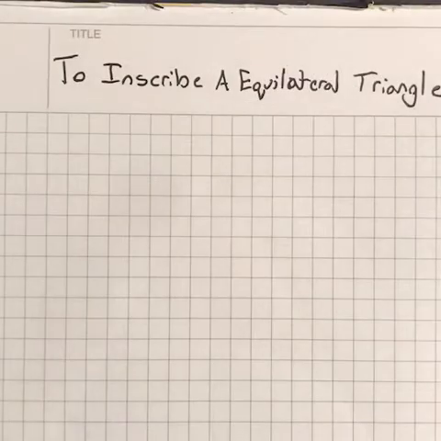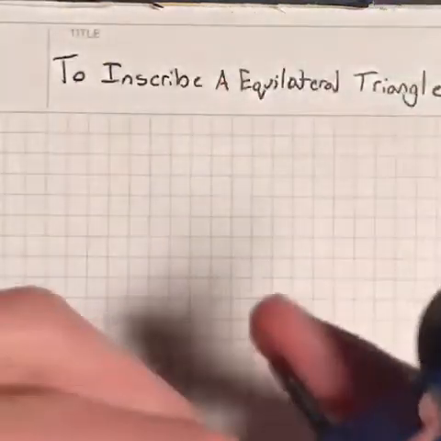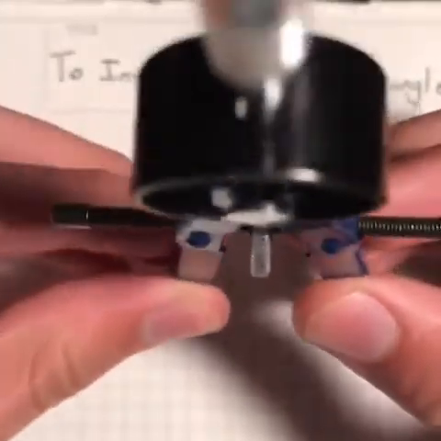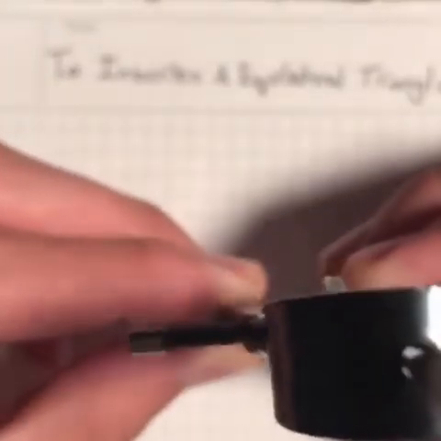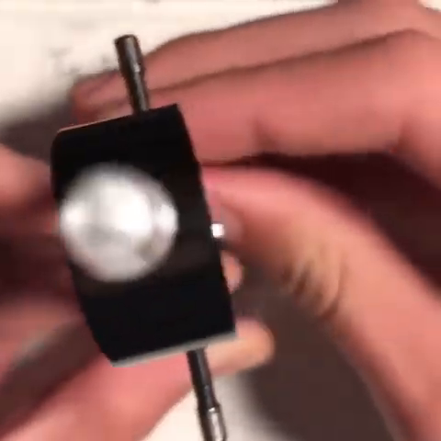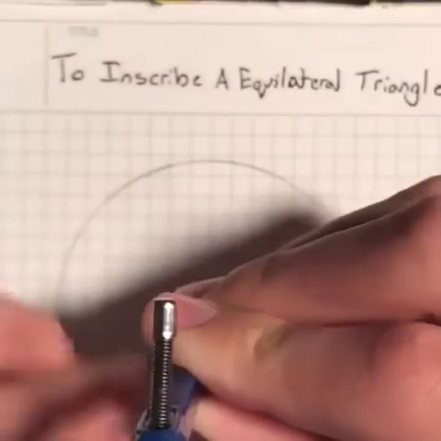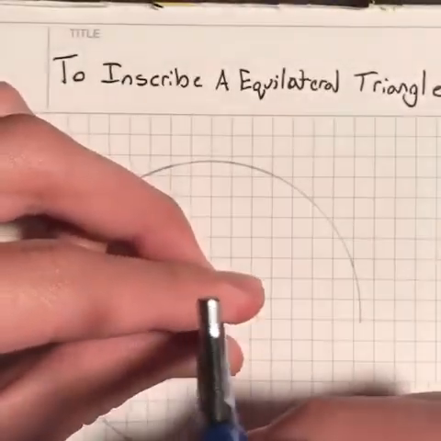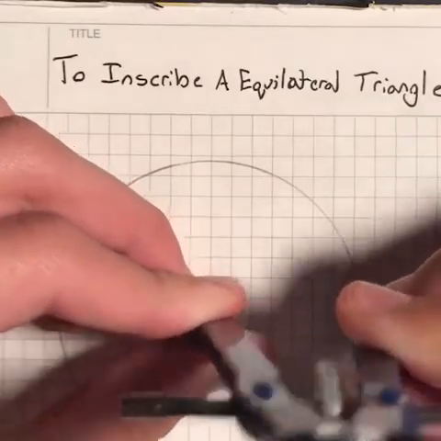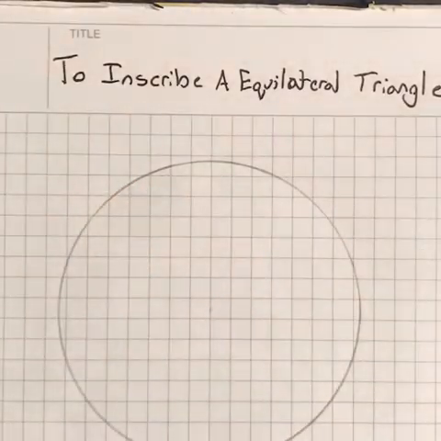To inscribe an equilateral triangle, begin by drawing a full circle with your compass. Mark the center.